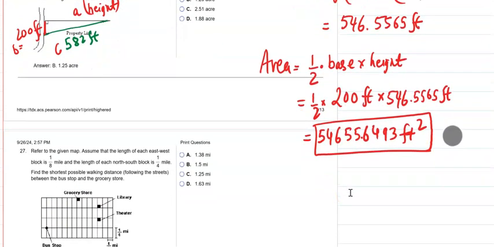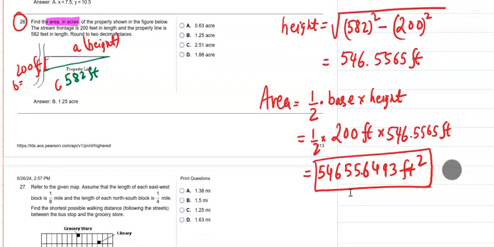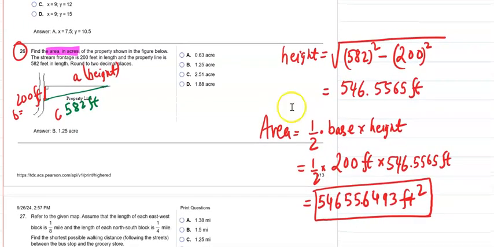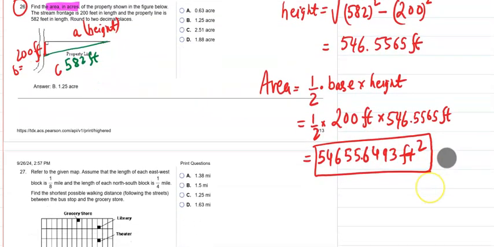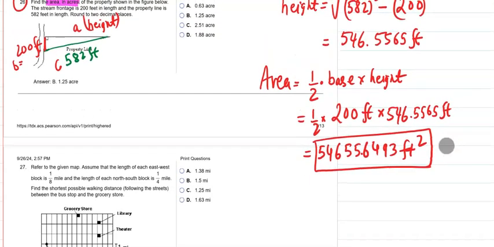But this is in square feet, and I have to find it in acres. So I have to know how many square feet equal one acre. Notice that 1 acre equals 43,560 square feet. That's the unit conversion factor.